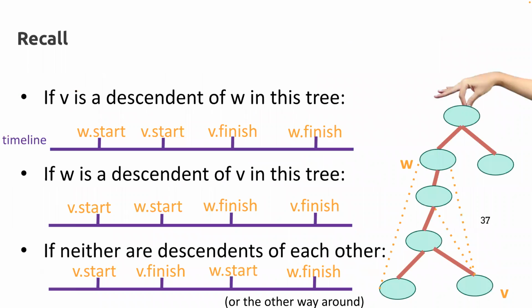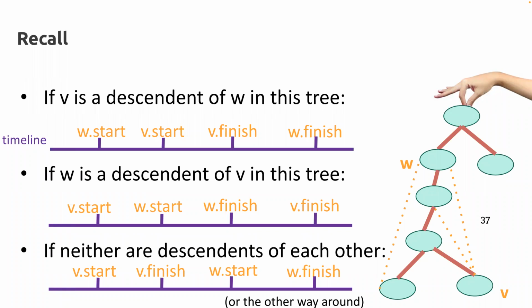So if you recall, with normal depth first search, we talked about these cases. Remember when we were arguing why we wanted to topologically sort something? We said there's basically three cases when you're topologically sorting. Either the two nodes you're considering are descendants of each other, or they're not descendants of each other.